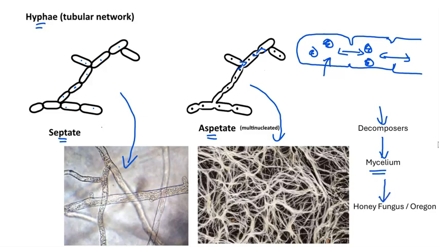In a particular case, you have the honey funguses of the Oregon region of the United States, considered by some to be the largest living thing on Earth.